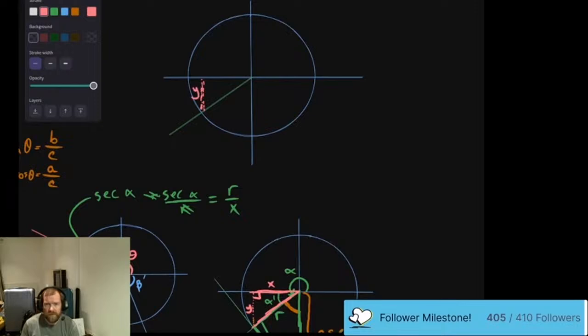All right, when we do that, this is y, this is x. This was our alpha prime, and our 1 there, r. So here we talked about our sine function being the ratio between the opposite side and the radius, and then our cosine of alpha prime being equal to x over r.